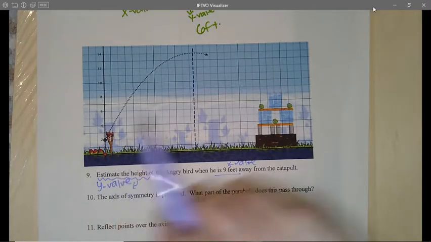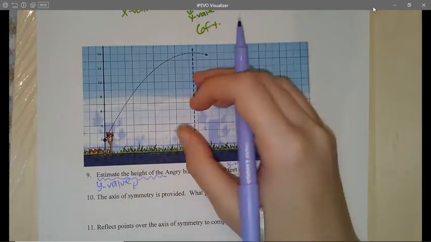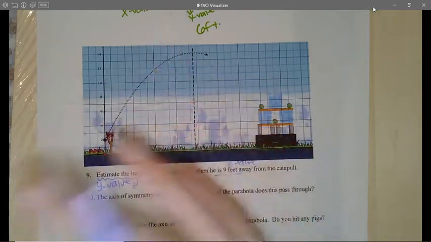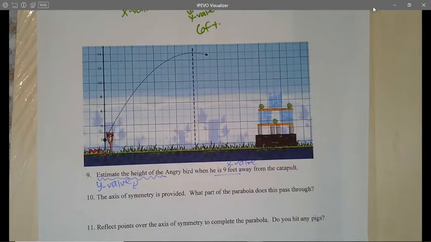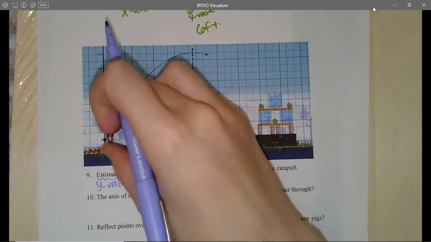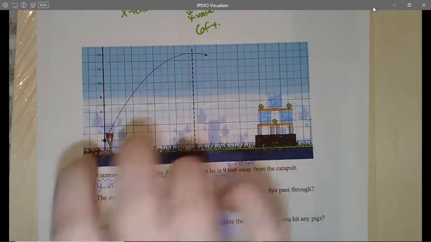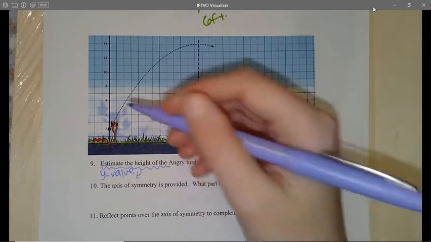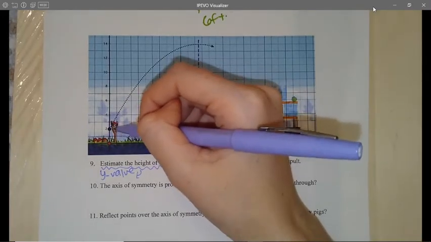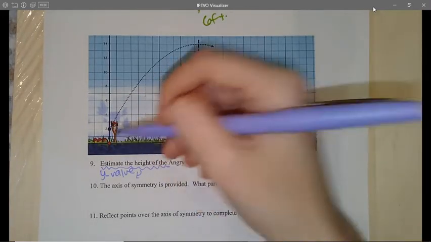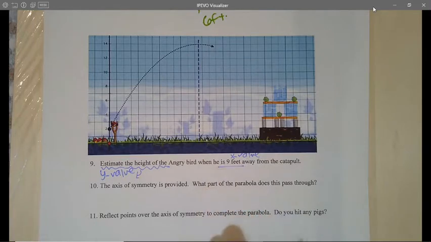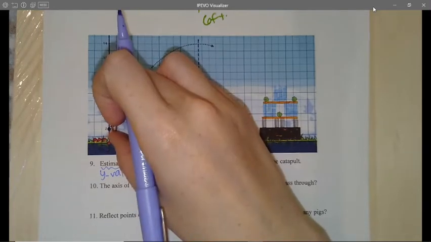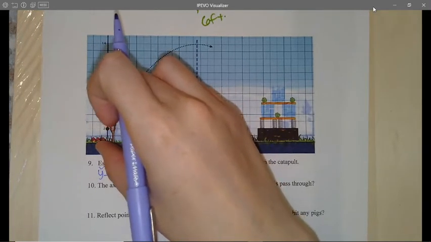Now, I know this problem's a little weird. Just to make things a little bit more simple, we're going to assume that the catapult is on the Y-axis and the bird will get launched from the Y-axis. I know that the catapult is technically sitting like here, but the problem just wasn't drawn very well. So technically the catapult should be on the Y-axis.